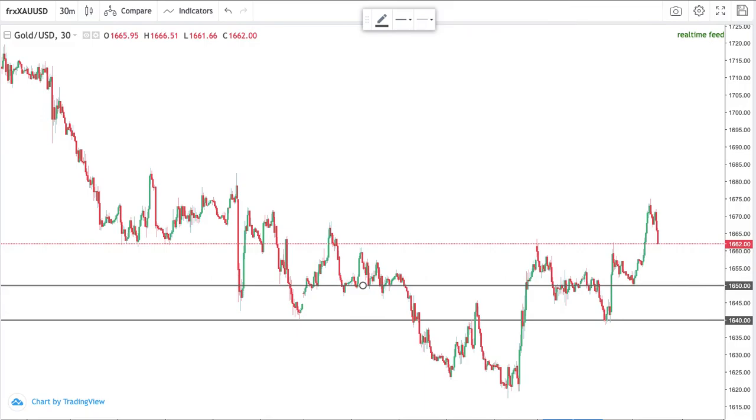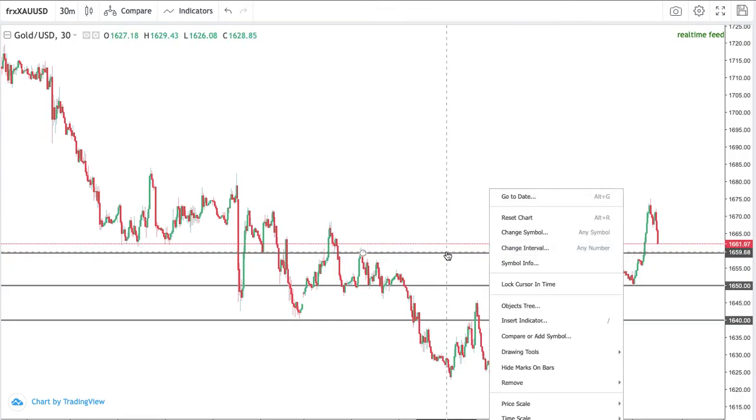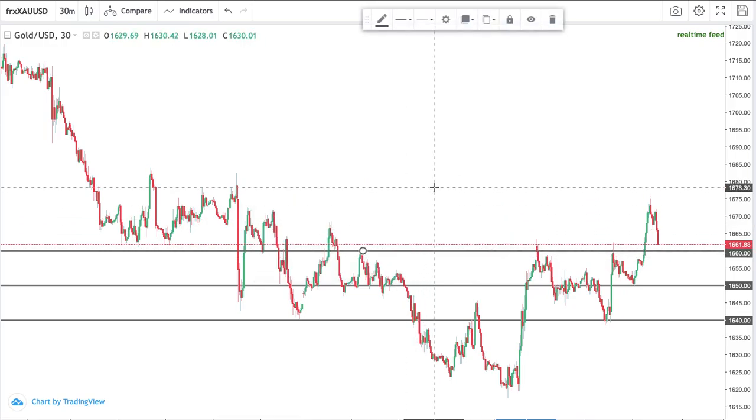So the next one will be 1660, which should be around this region. Are you seeing how the markets are actually reacting to this? So these are actually important. 1660.00.